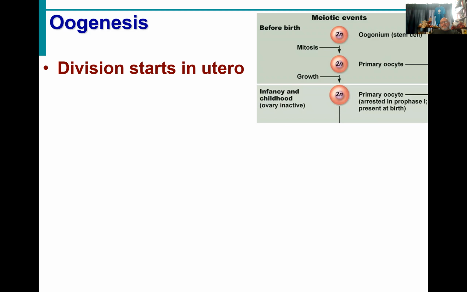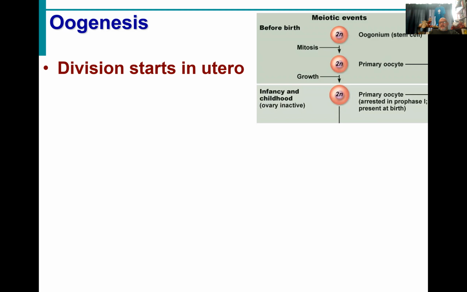All right. Excellent. So let's look through the pretty picture. Again, basic same steps, mitosis, meiosis. Oogenesis is similar to spermatogenesis, but the timing is very different. We still have a stem cell that undergoes mitosis and gives us primary oocytes.